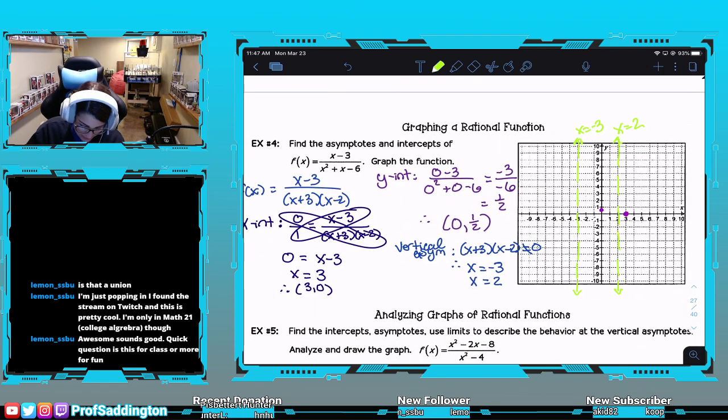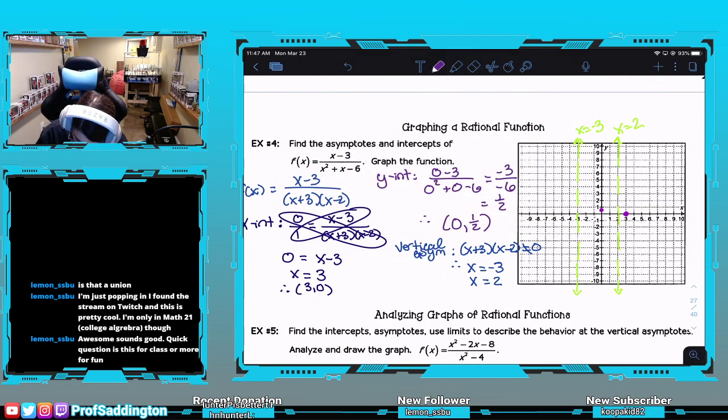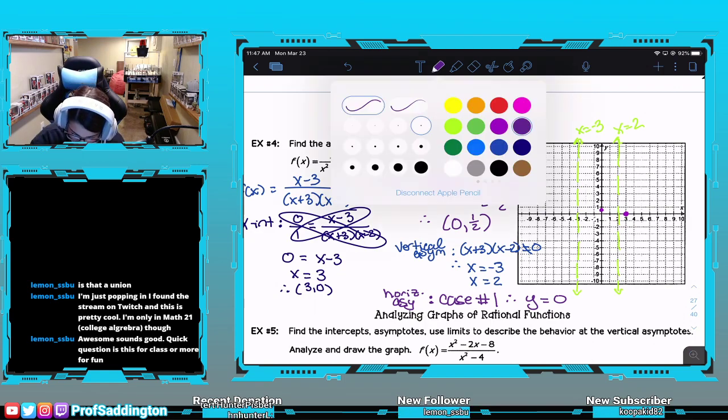And then we're gonna look for our horizontal asymptotes next. Okay, horizontal asymptotes next. Well, if we look, we have an x over an x squared. So we got to think of what case is that from the other page. This is going to be case number 1, which means we're going to have y equals 0 as another asymptote.